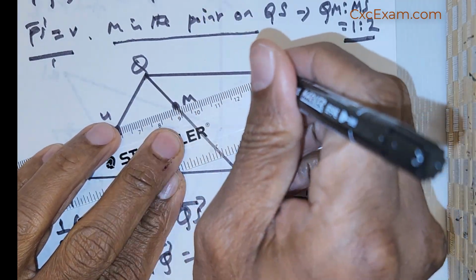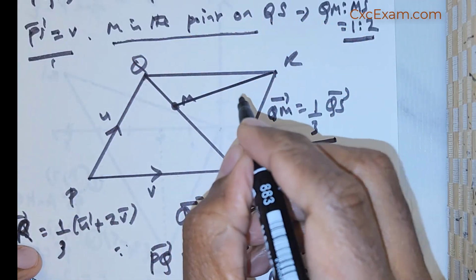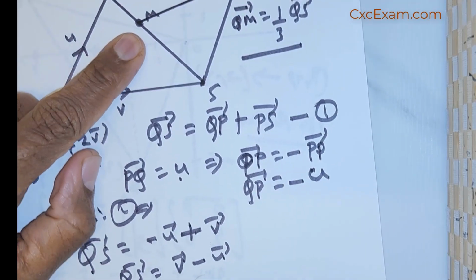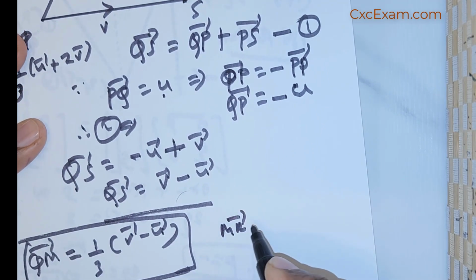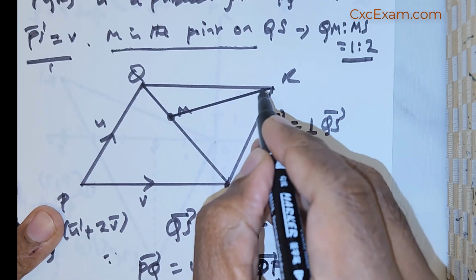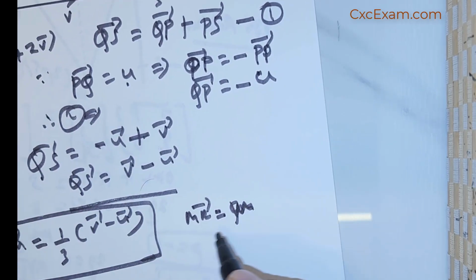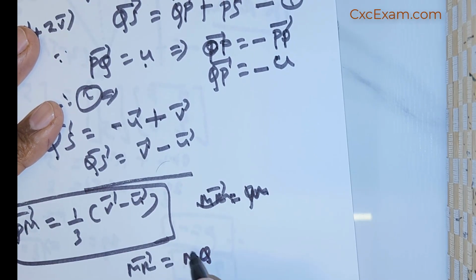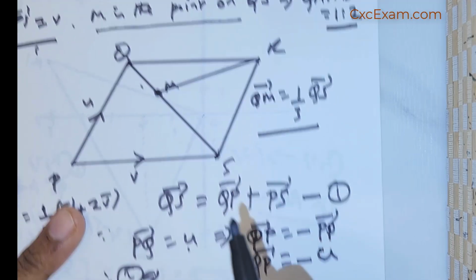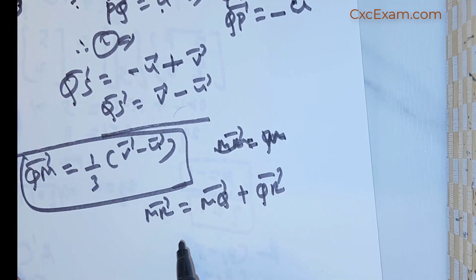What they are saying is there is a connection between M and R. Now if I were to write this MR vector, to reach R I start from M, move to Q, so MQ vector, then from Q to R, Q to R vector.